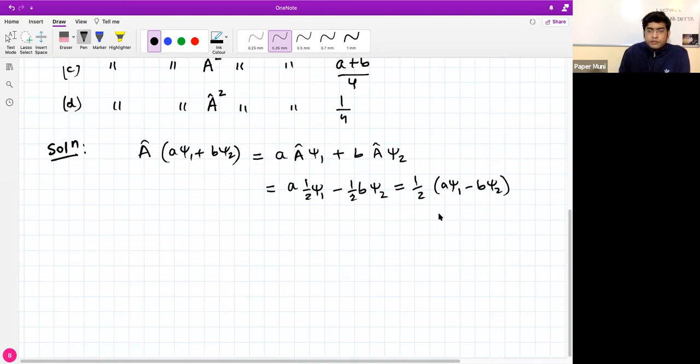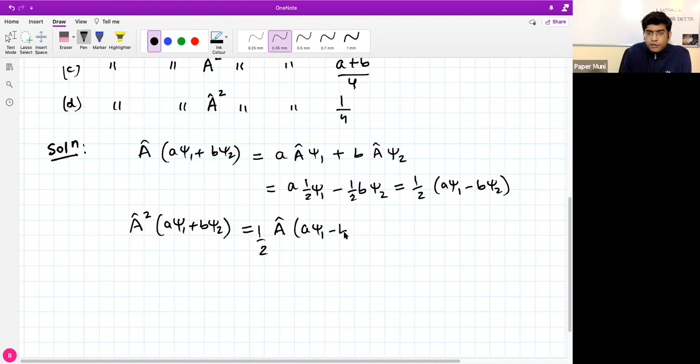Now if I operate it twice on this function, what will you get? Once we have already obtained the result of the first operation, we take this result itself and write it here. So this is A psi1 minus B psi2. When you operate this again, A operating on psi1 gives half psi1, and then on B psi2 you get minus 1 by 2 psi2.